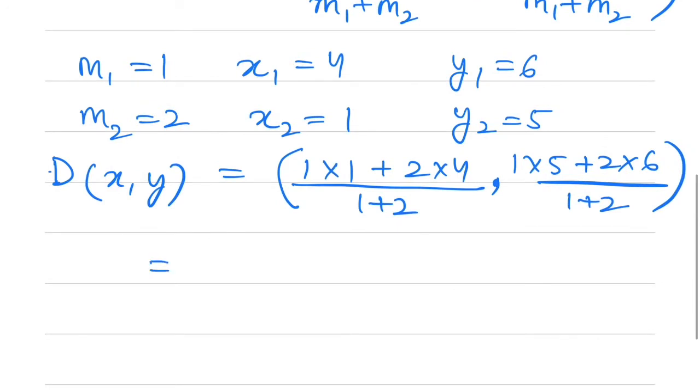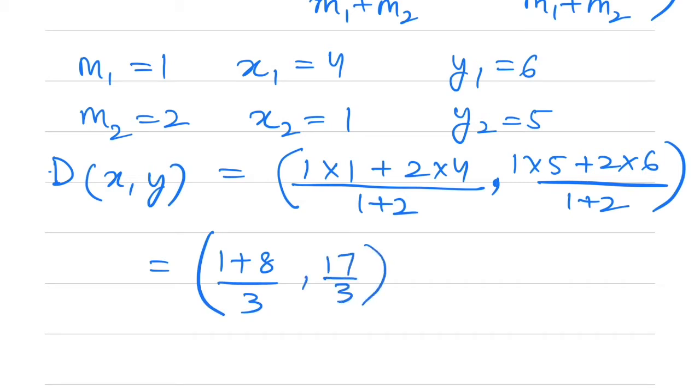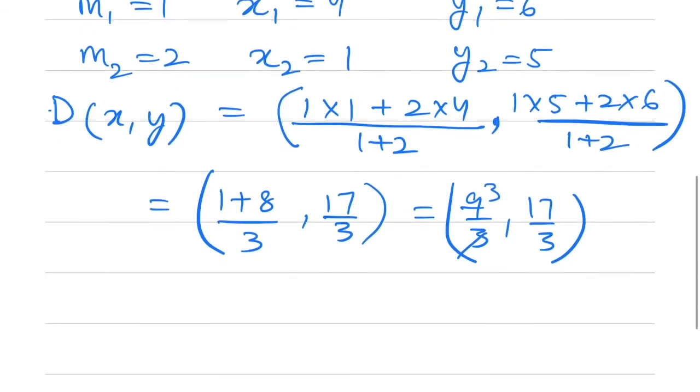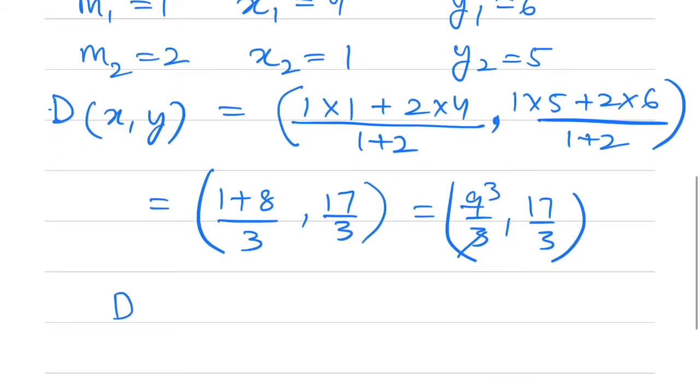So these are equal to (1 plus 8) divided by 3, and (5 plus 12), 17, by 3. So this is equal to 9 by 3 and 17 by 3. The 9 by 3 goes by 3 times. So the coordinates of D are 3 and 17 by 3.